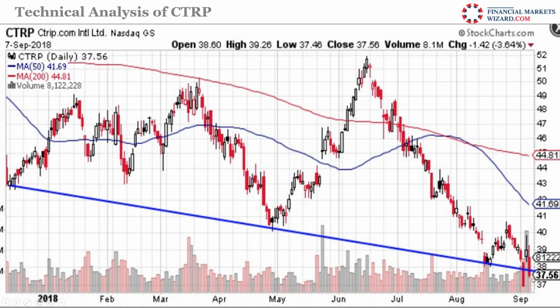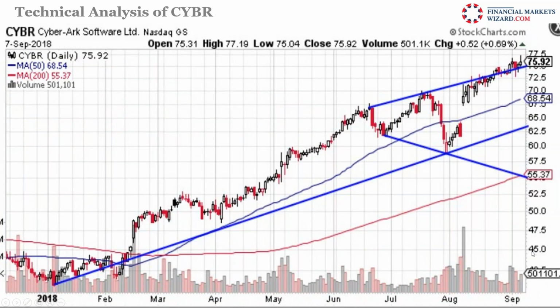Any move back above the support line with volume, I will feel good about it, and then I know that this bottom is formed at 37. So my stop is below 37, and it's a long-term buy and hold kind of thing. Stop below 37, and a move above 38 is another buy.